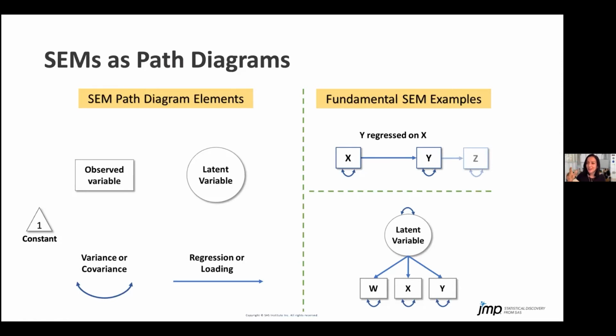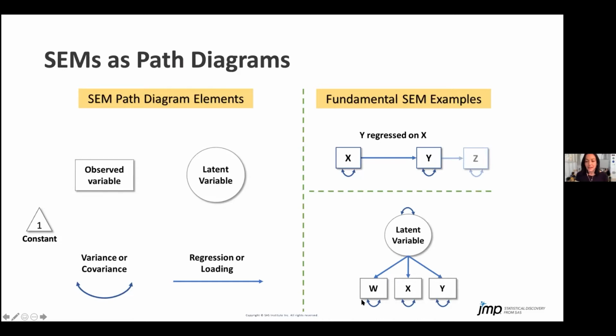That there is a causal assumption that the variability that's in common across W, X, and Y, that those variables co-vary with each other due to an underlying unobserved latent variable, all right? And that's why the arrows point from the latent variable to the W, X, and Y, to the observed variables.